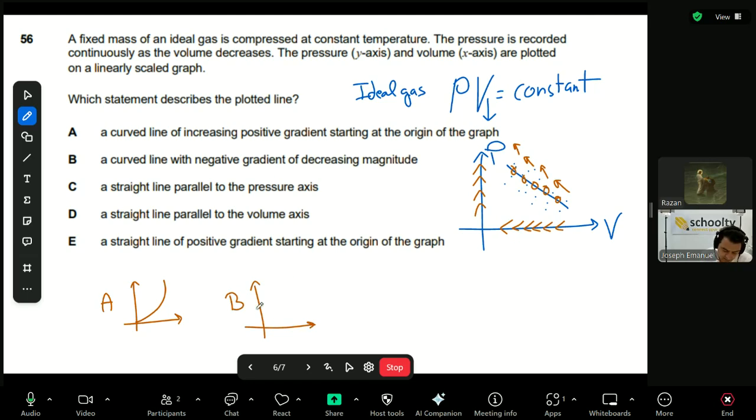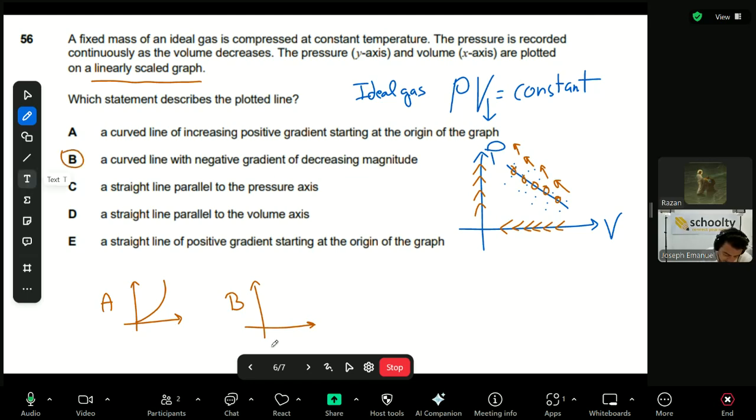By the way, I don't understand, is it a linear scaled graph or what? Plotted on a linear scaled graph. So it's linear scaled. Then a straight line of positive gradient, a straight line parallel to the volume axis, a straight line parallel to the pressure axis, a curved line with negative gradient.